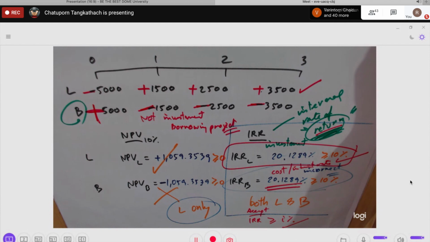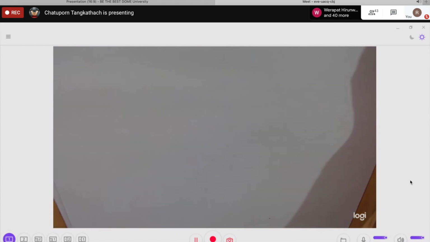Now, before I explain the next investment criterion on page 18, which is what we call modified internal rate of return, let me recap.